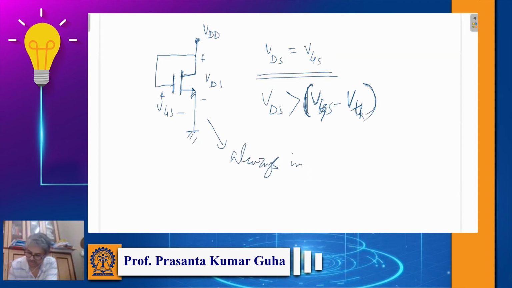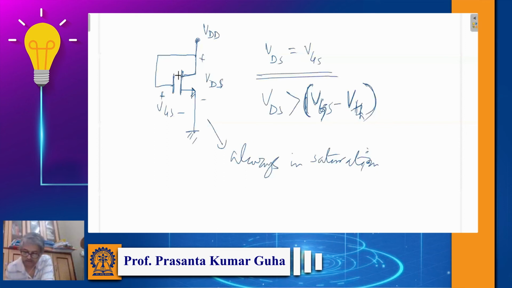So if you come across a problem with such a transistor, you have to consider it as being in saturation, because here VDS is always greater than VGS minus VTH, since VDS is equal to VGS because the drain and gate are shorted. Right. What else?